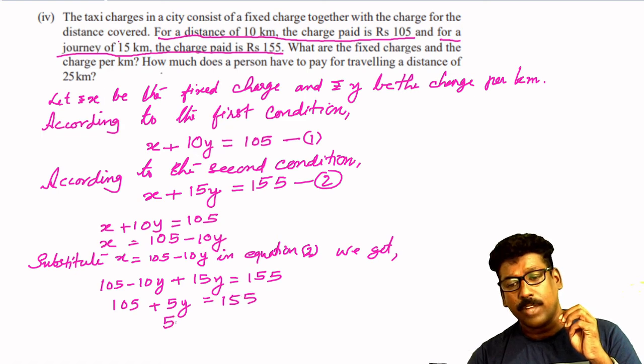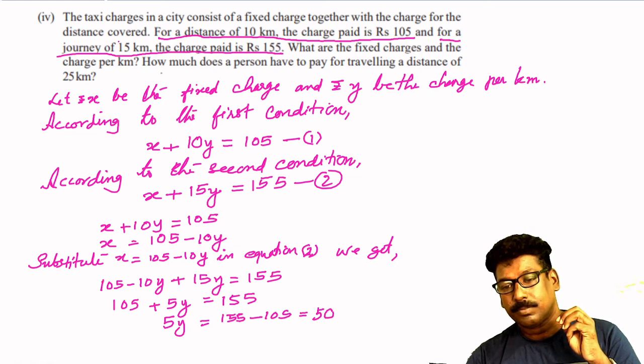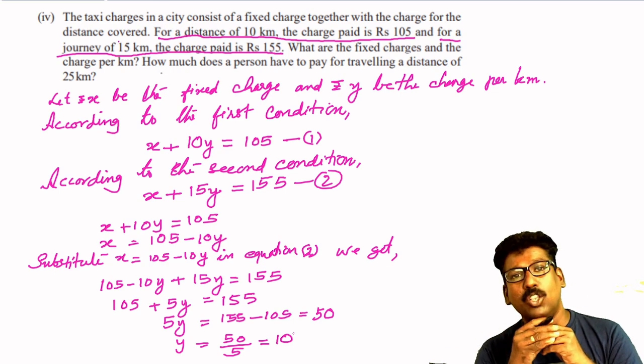That is 5y is equal to 155 minus 105, which is equal to 50. That means y is equal to 50 by 5. That is 10. Now you got the value of y.